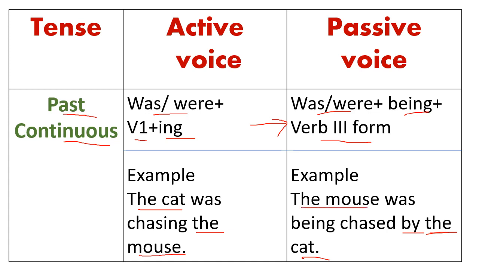And the verb, that is was chasing, will change according to the rule given above. That is was plus being plus verb third form. Now the mouse is singular, so with singular I will use was being. What is the third form of chase? It is chased. So the sentence in passive voice will be the mouse was being chased by the cat.